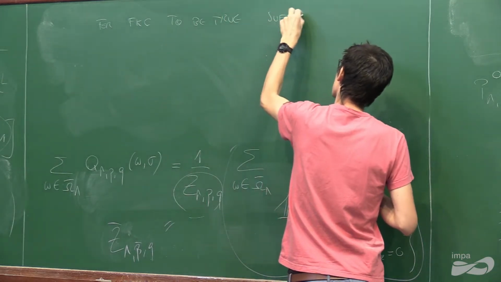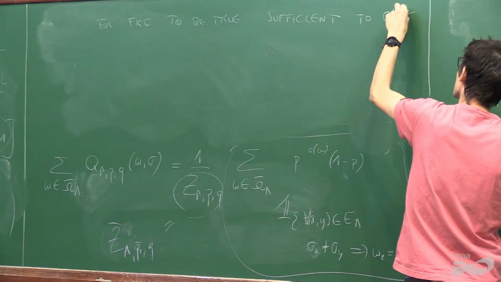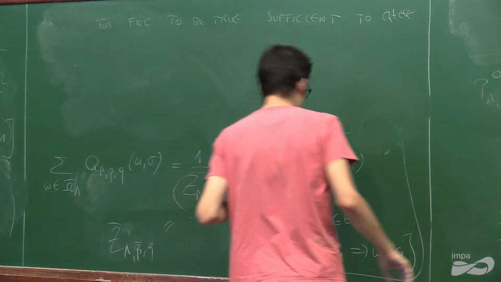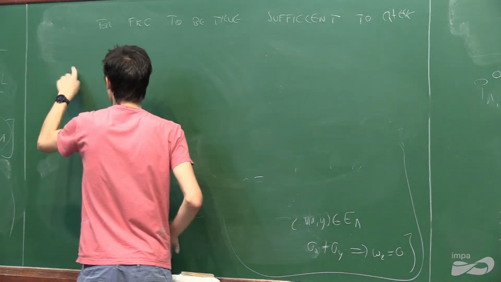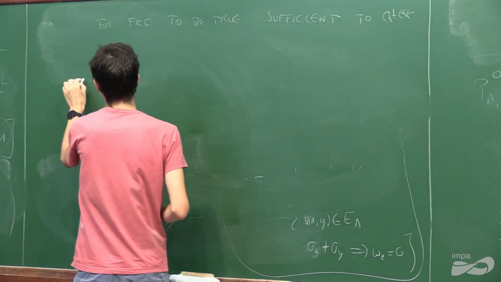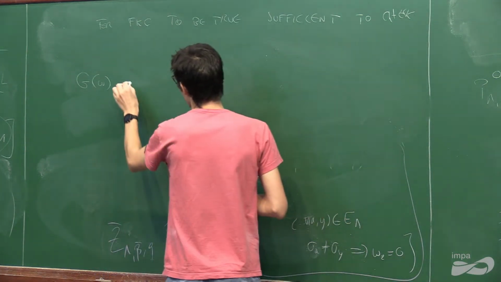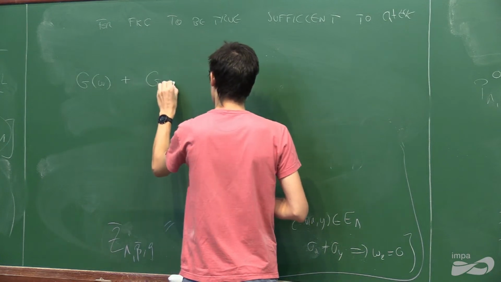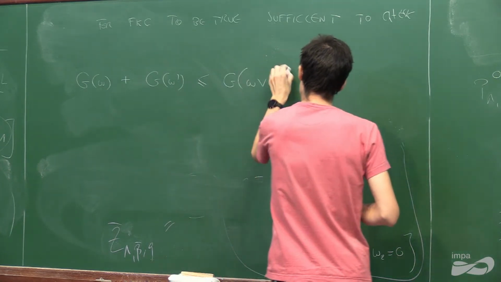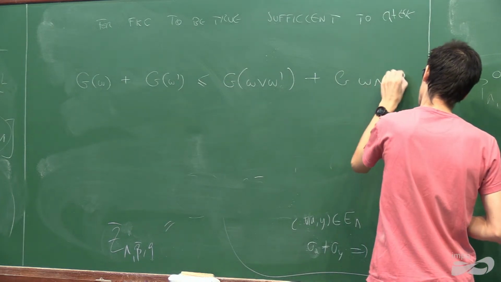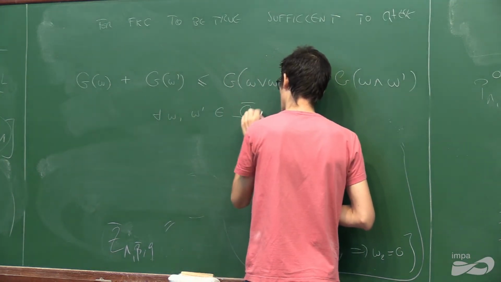It is sufficient to check, maybe I call it G, that G of omega plus G of omega prime is smaller than G of omega max omega prime plus G of omega min omega prime, for all omega, omega prime in omega lambda.